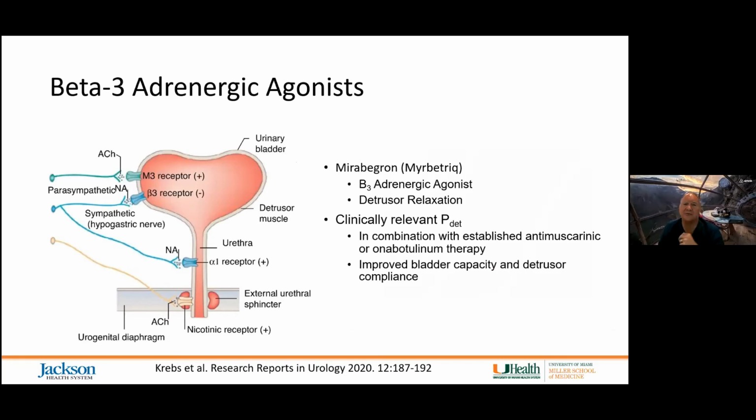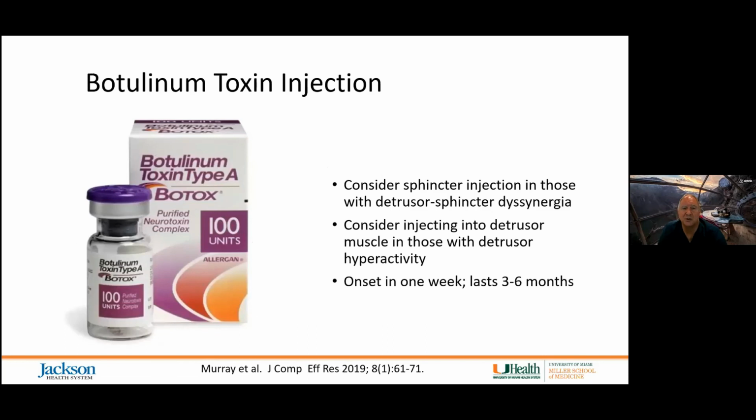The new beta-3 adrenergic agonists, so Mirabegron basically promotes detrusor relaxation. And so it's also used when you have significant problems with detrusor overactivity. So in combination with established antimuscarinics and or Botox, this can really be a game changer for some folks and allow for improved bladder capacity, detrusor compliance.